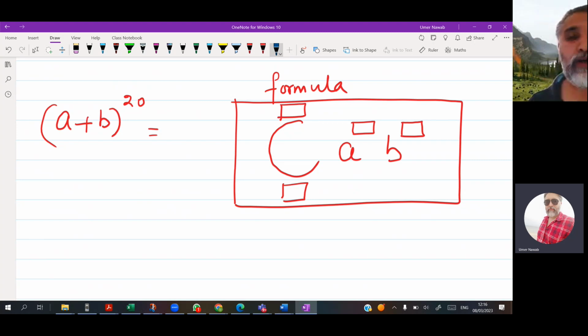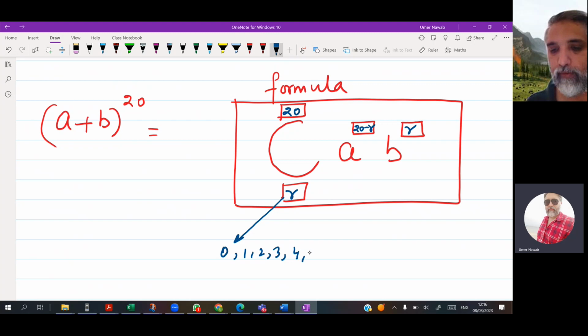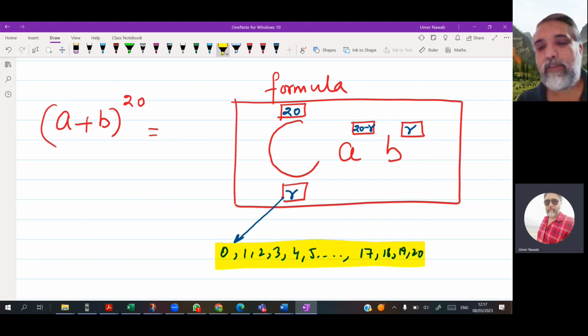So my friends, the total is always 20. This is r, because I don't know which term I'm looking for. So that has to be 20 minus r, and this is r. Now this r can be 0, 1, 2, 3, 4, 5, up to 17, 18, 19, 20. So any value of r from 0 to 20 can be substituted here. The formula will look like this.